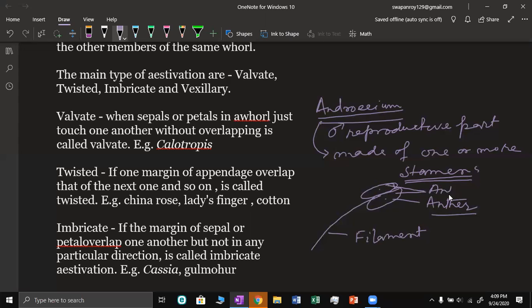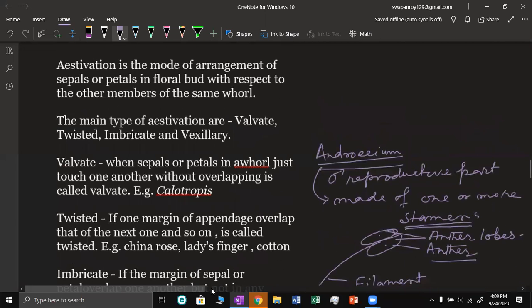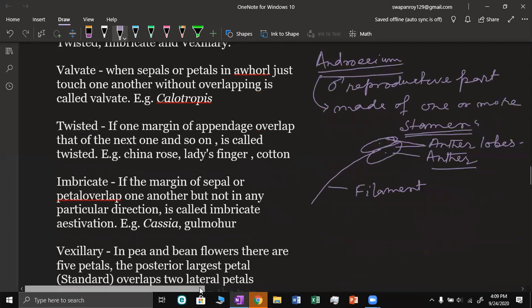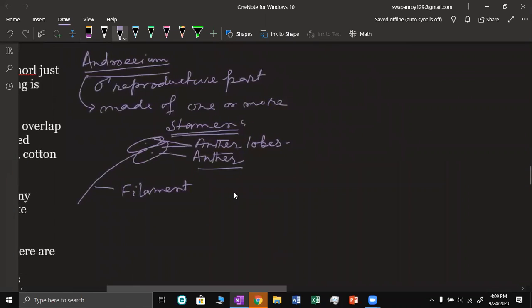Okay, anther lobes. Right. Anther lobes are there. So usually, as there are two lobes, this anther is usually a bilobed structure.